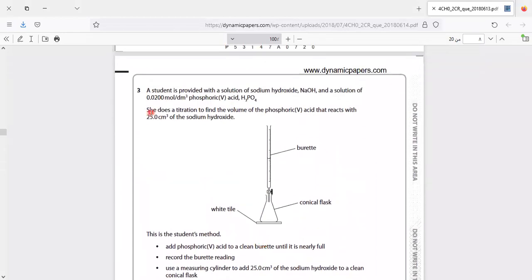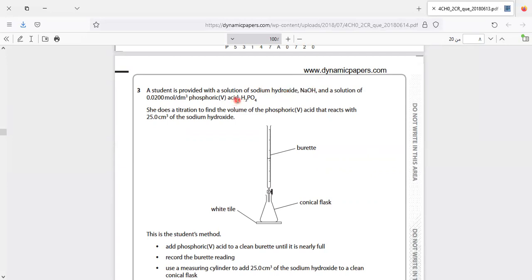Start to read the question. A student is provided with a solution of sodium hydroxide and a solution of 0.0200 mole per centimeter cube phosphoric acid. So this is a reaction between sodium hydroxide and phosphoric acid, a reaction between base and acid.